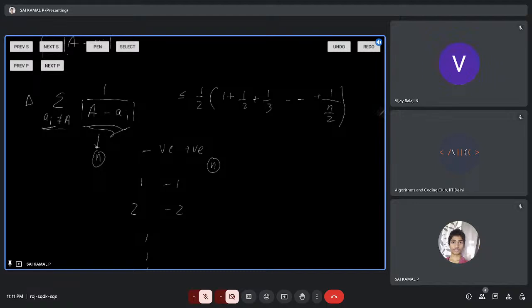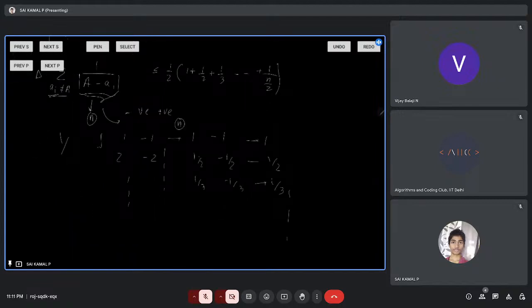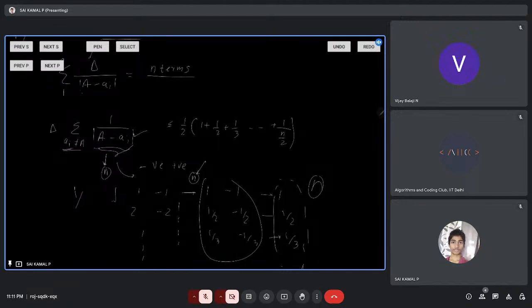To maximize this, you go in the decreasing order of their inverse values: 1 and minus 1, 1 by 2 and minus 1 by 2, 1 by 3 and minus 1 by 3. Both of these have magnitude 1, both of these have magnitude 2, and so on, and the magnitude keeps decreasing. So in n unique possible values, to maximize this, you would pick the top n elements in this order. Because the actual values won't follow that order, this is the upper bound of this list, so the sum cannot be more than this.